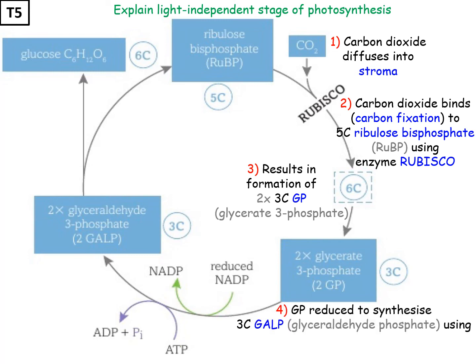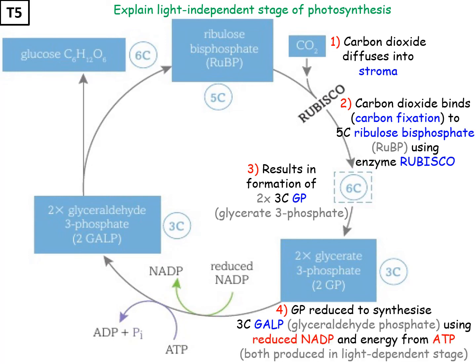This results in the formation of two 3-carbon glycerate 3-phosphate molecules. The glycerate 3-phosphate molecule is reduced to synthesize 3-carbon GALP, which is glyceraldehyde phosphate, using reduced NADP and the energy from ATP, and both of those were produced in the light-dependent stage. So the reduced NADP and the energy from ATP cause glycerate 3-phosphate to be reduced, and that means that you've now produced GALP.